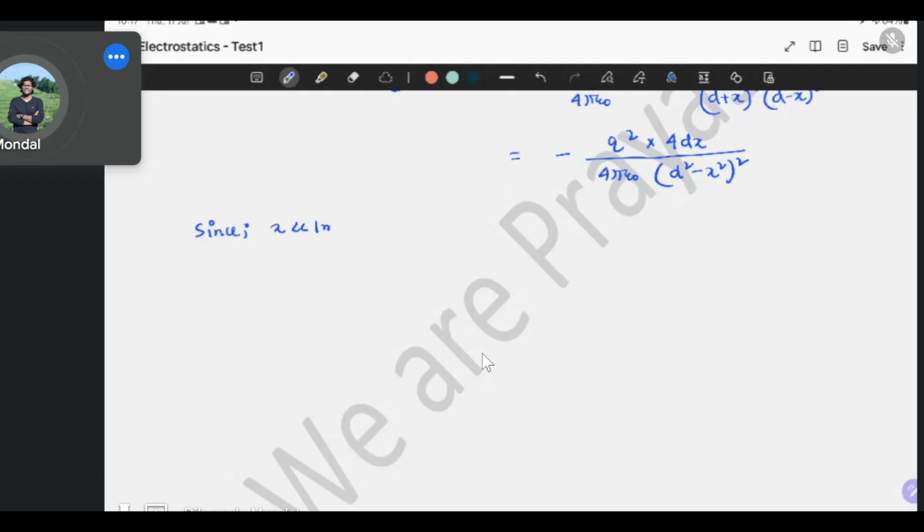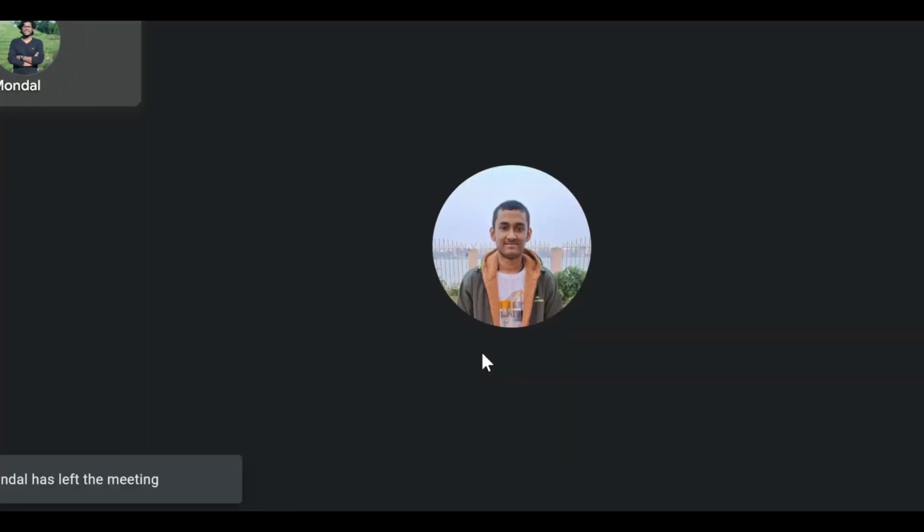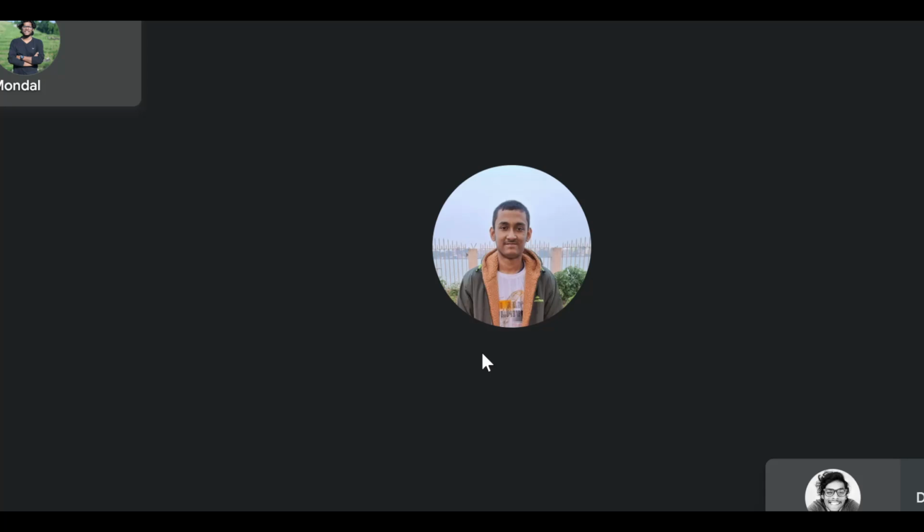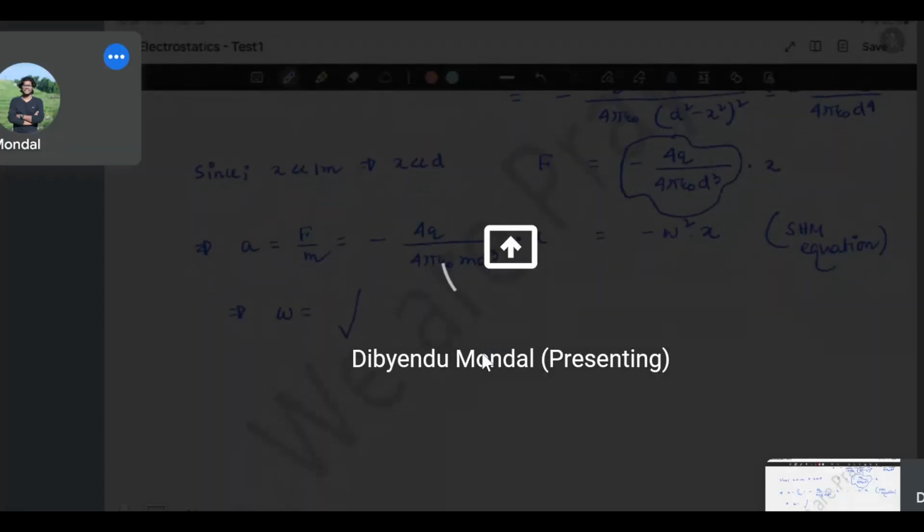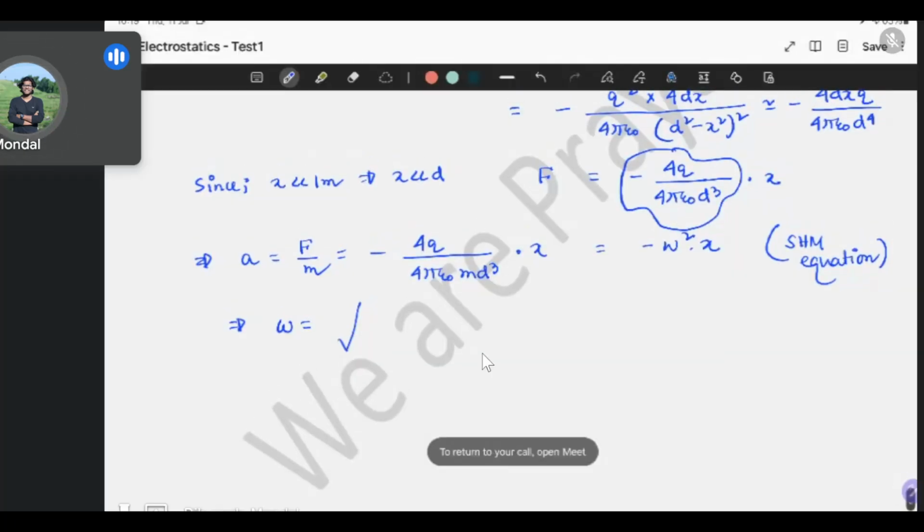So this is the SHM equation, right? Then omega square will be 4 q square divided by 4 pi epsilon naught m d cube.